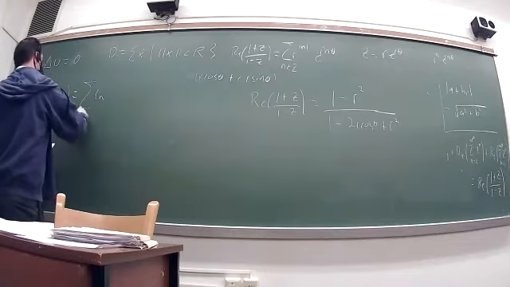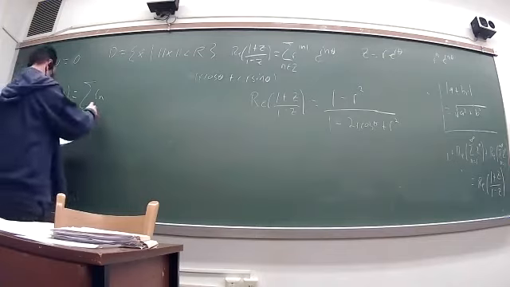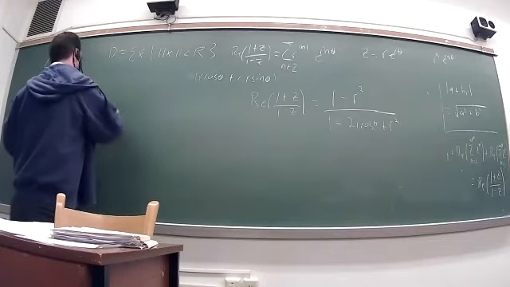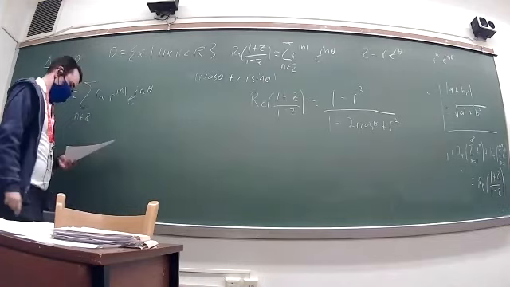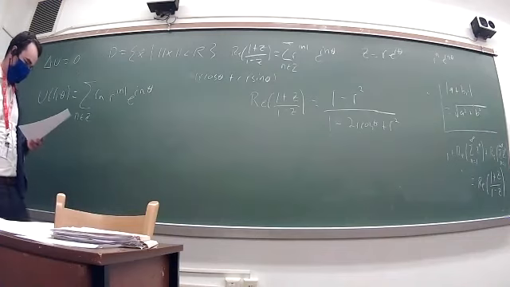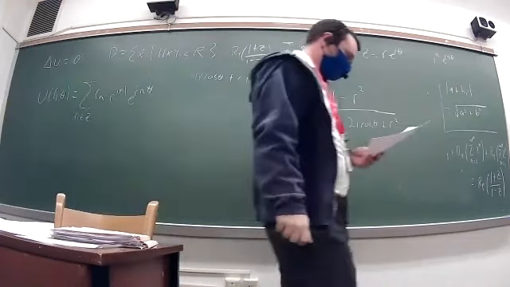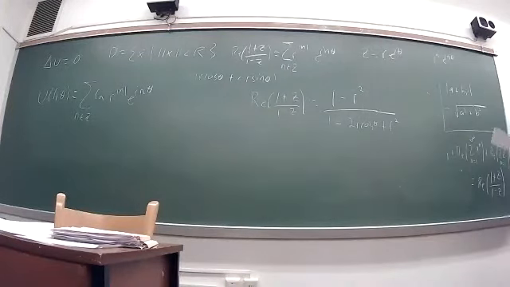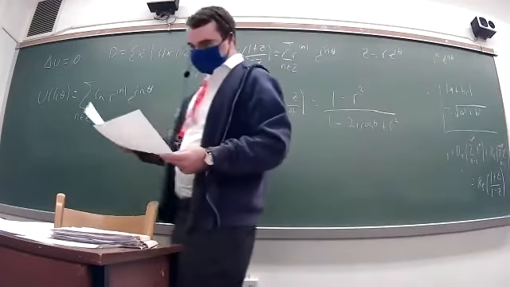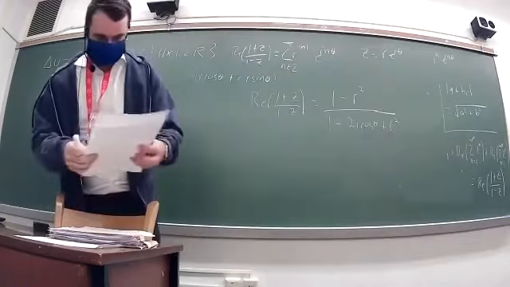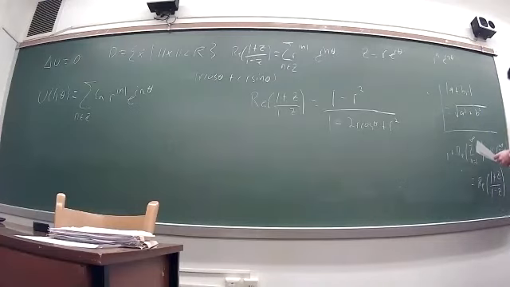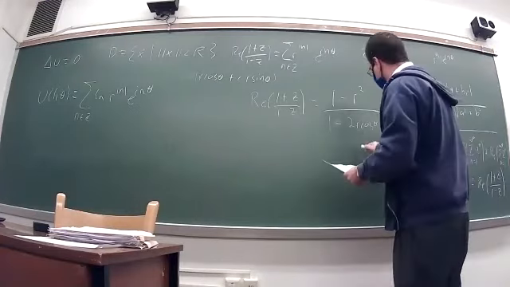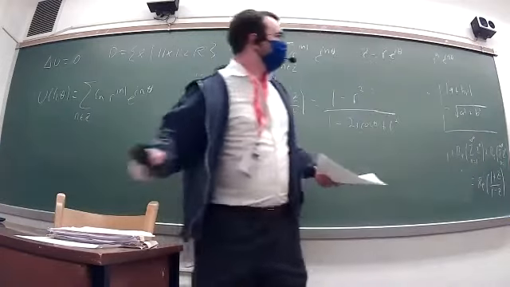The sum over all integers of C sub n r to the absolute value of n, e to the i n theta, where C had this formula. Some initial condition.